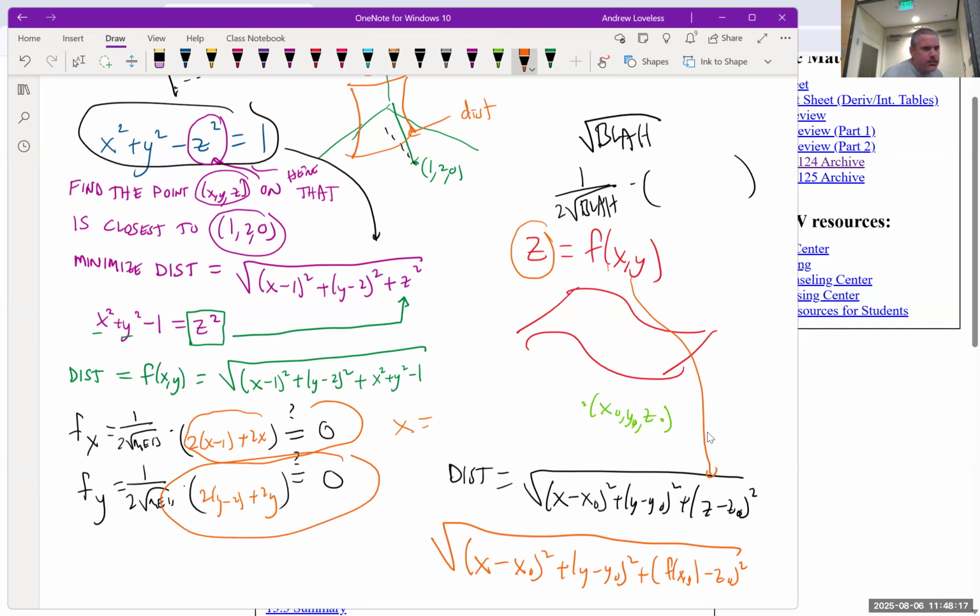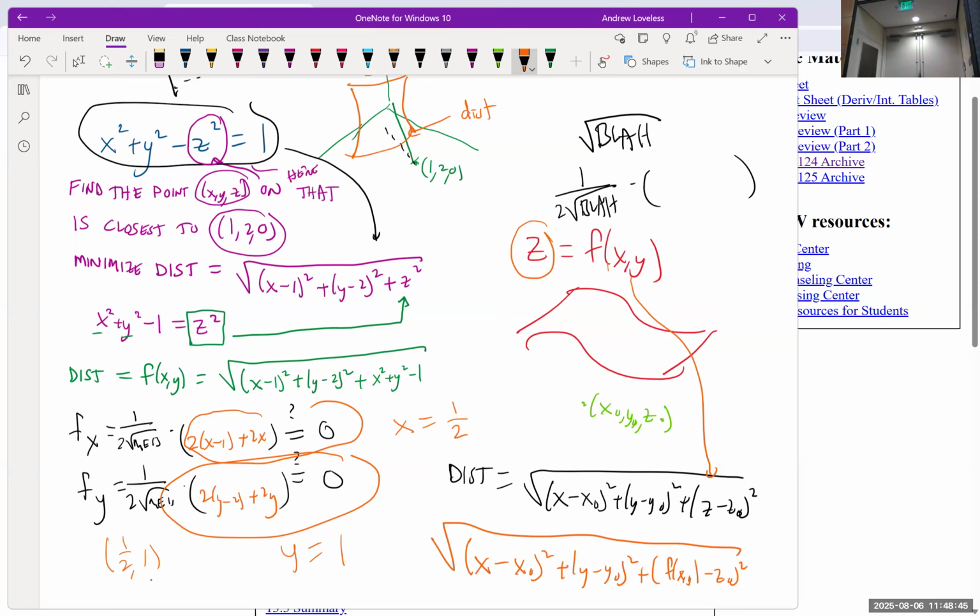This gives me x is something, a half, maybe. This gives me y is 1. I'd have to think a little bit more because I haven't done this problem carefully, but that's the only critical point.